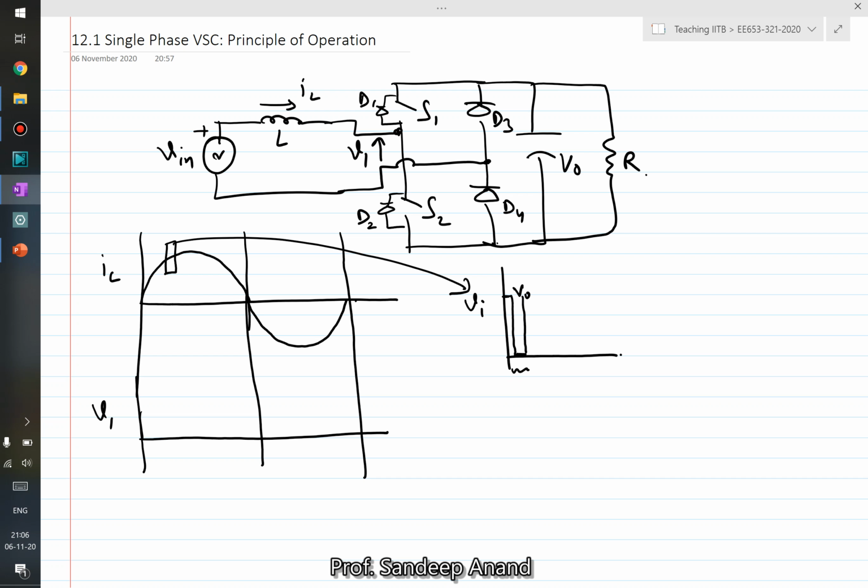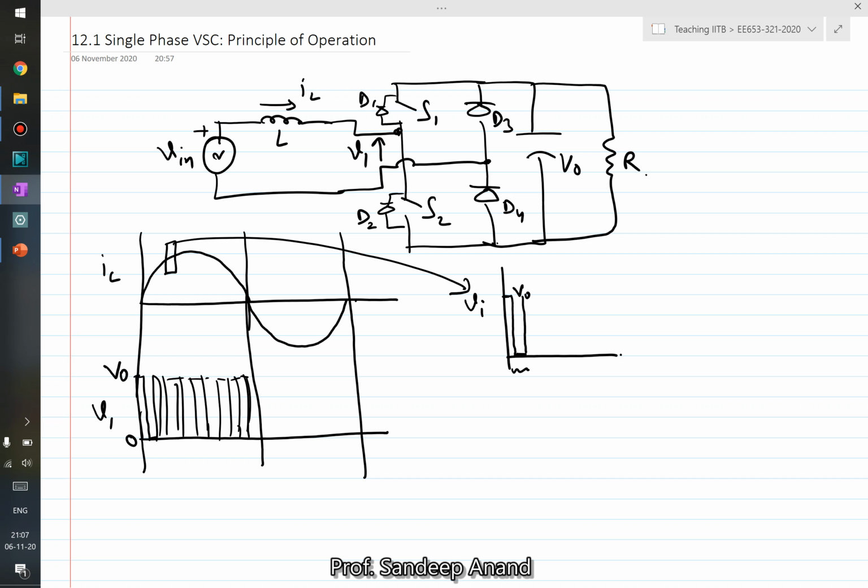So overall, in this positive cycle, there are multiple times we are turning S2 on and off, right? So your voltage waveform V1 would look something like this, essentially switching between 0 volt and the VO level.